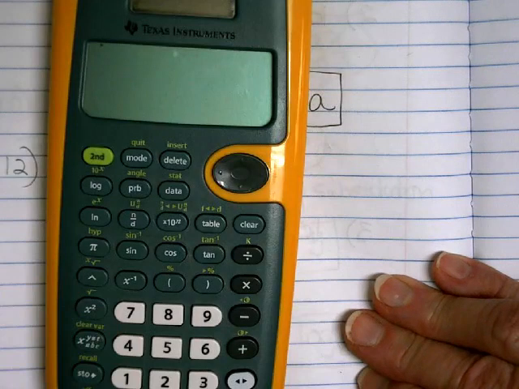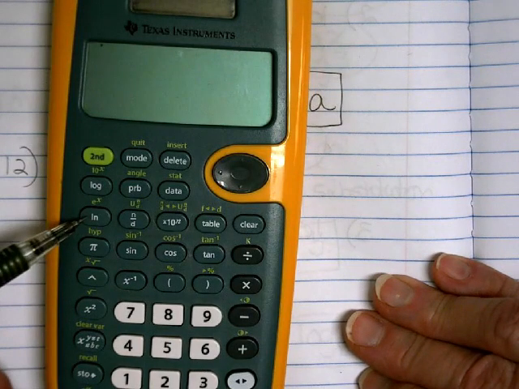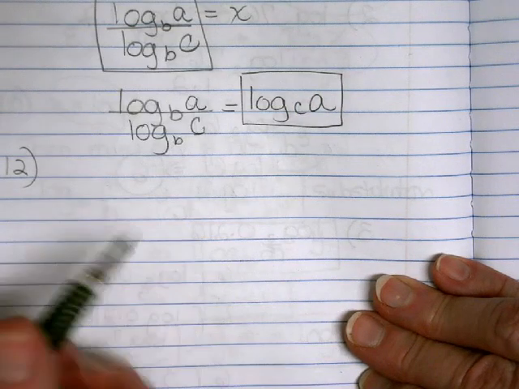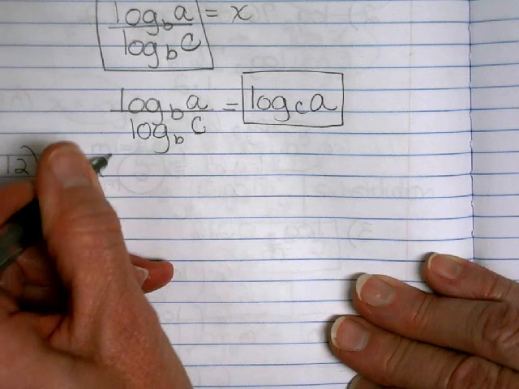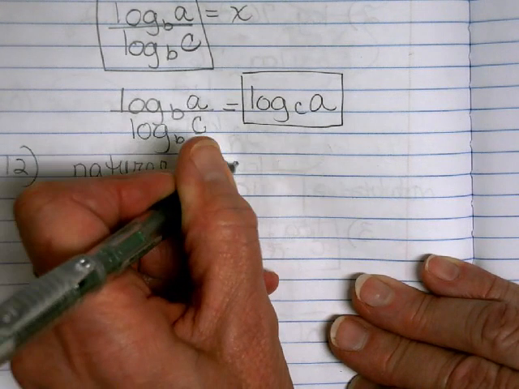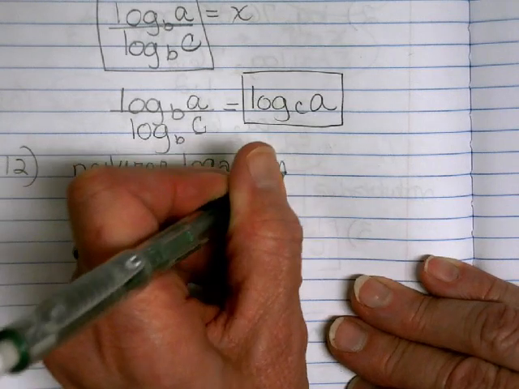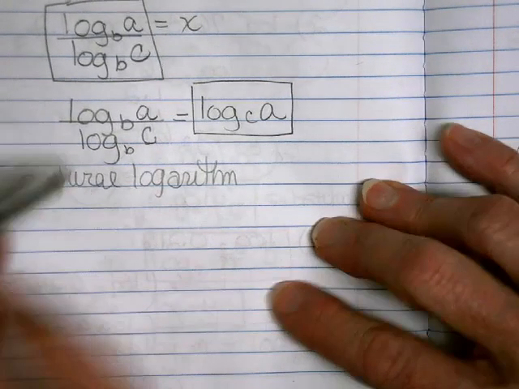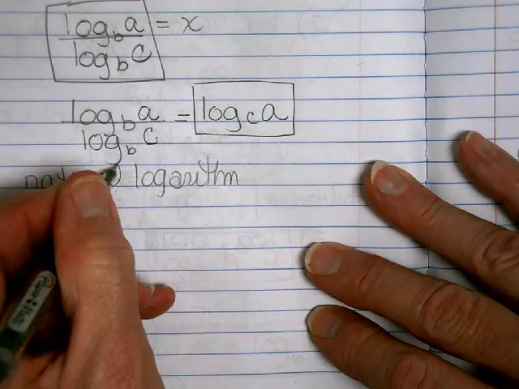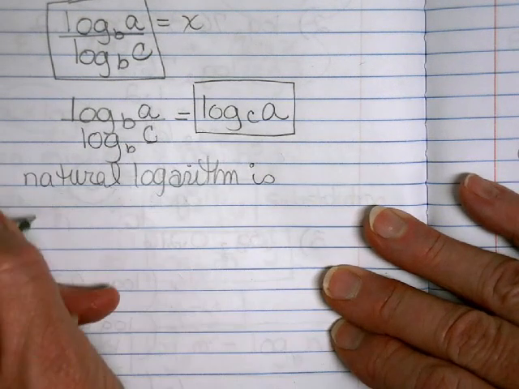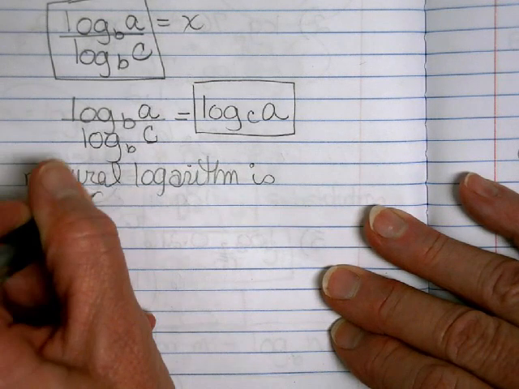Okay, 12 just wants us to describe how we can find natural logs on this calculator if this button wasn't here. So if you remember, a natural log is log to the base e.